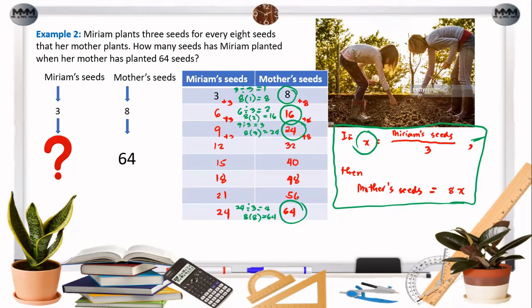So it means that the entries in our table are correct. Hence, we can say that when Miriam's mother has planted 64 seeds, Miriam has planted 24. So this is our conclusion.